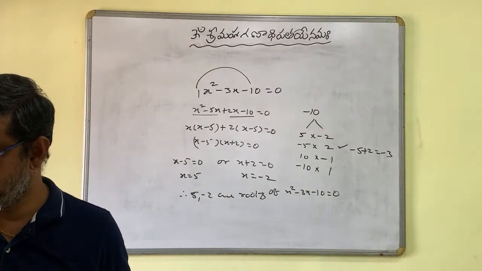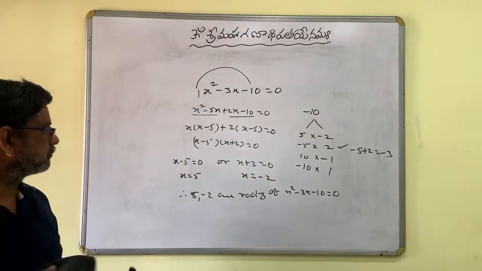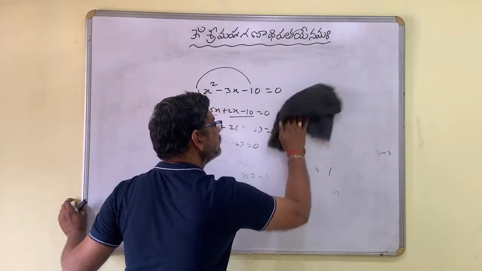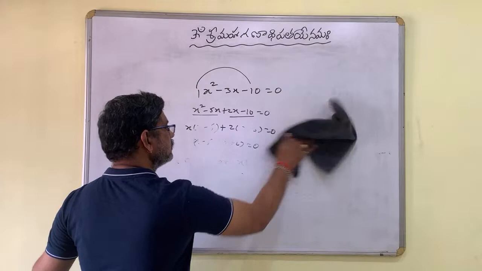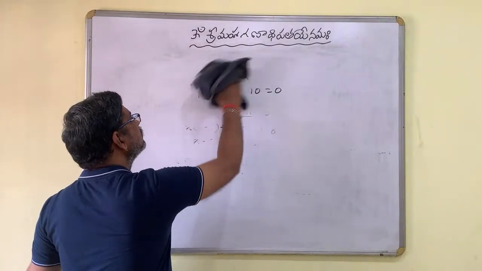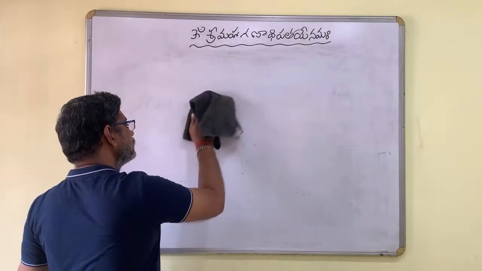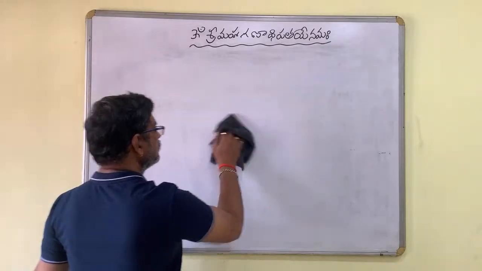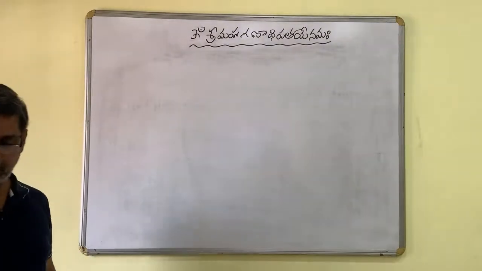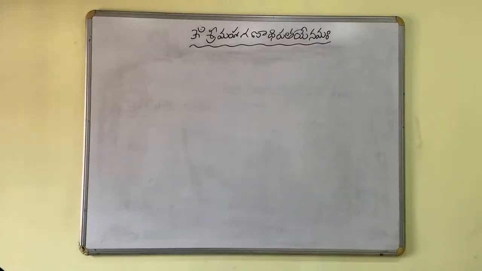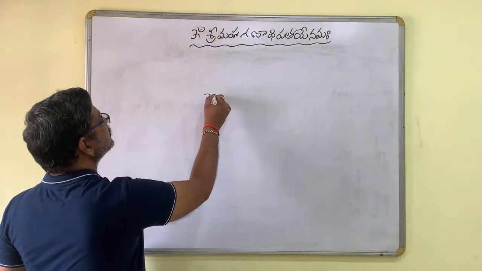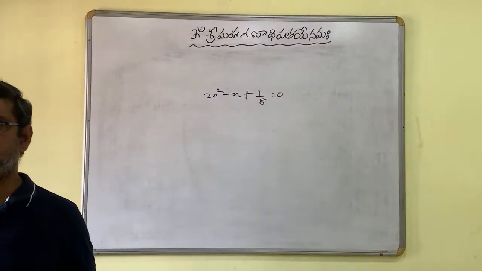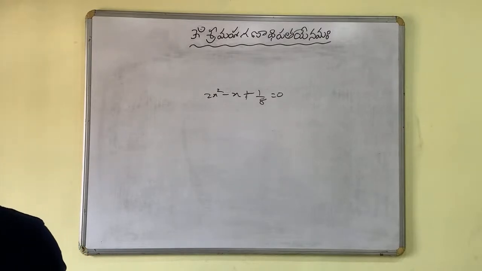Okay children, I will go ahead with the next one. Next one: 2x square minus x plus 1 by 8 is equal to 0.